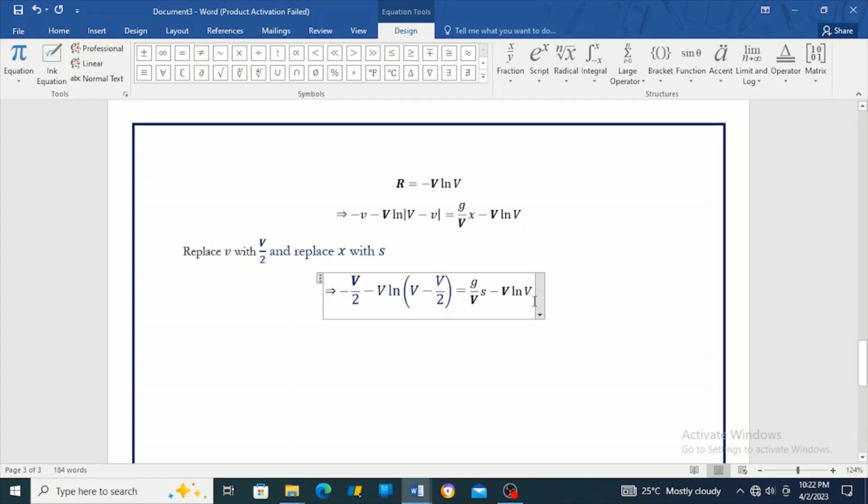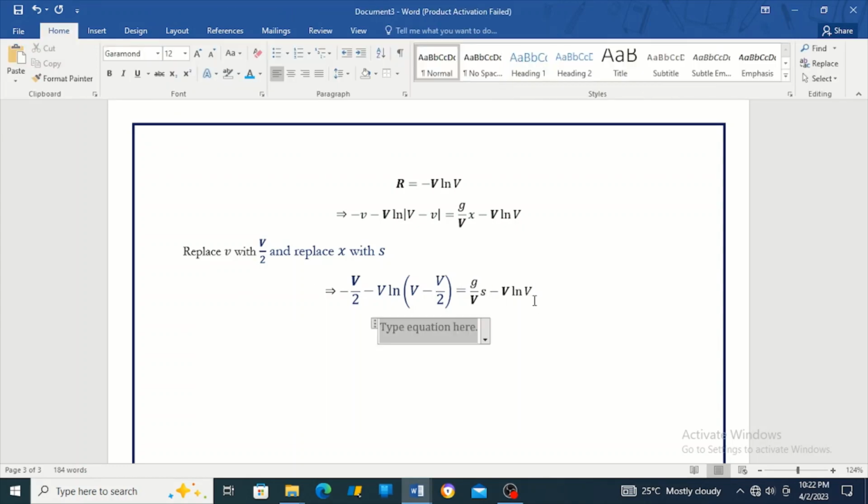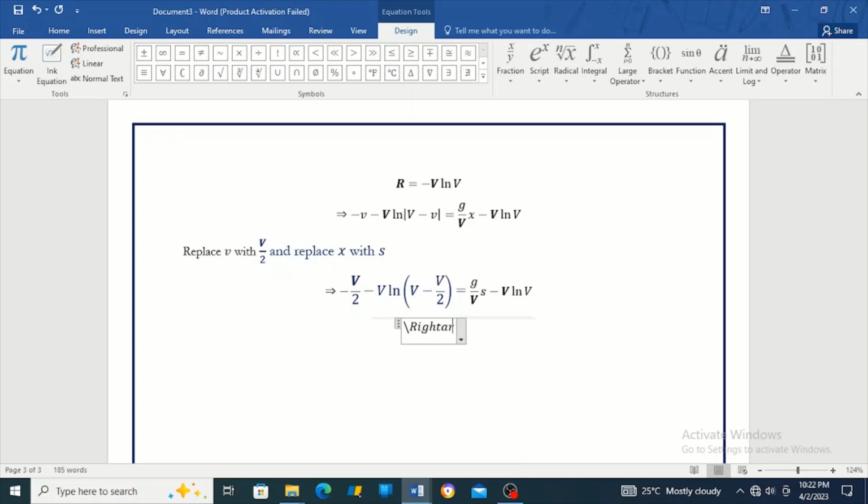Now what do we have? It means that we have negative V on 2 minus V. Now V on 2 minus V on 2 is V on 2, then equal to g on V times s minus V ln V. So we need to bring the like terms together.